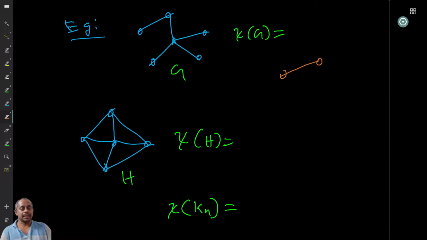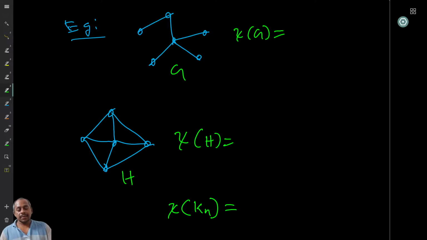So this is clear. Therefore, if the graph is a non-empty graph, then we will need at least two. Now the question is what is the minimum that will suffice, right?